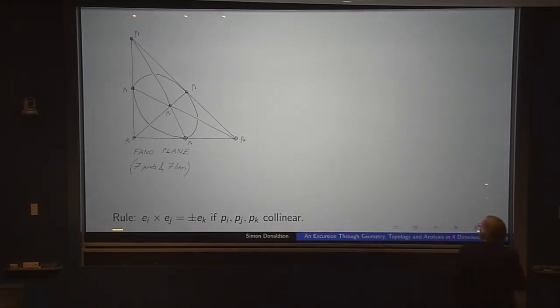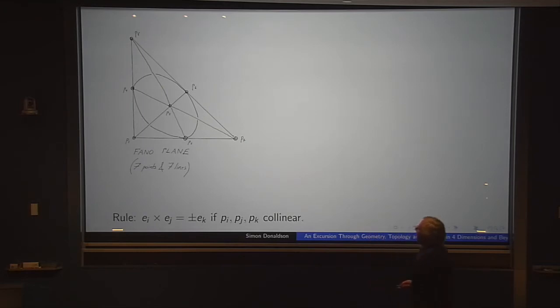This is a purely combinatorial thing. In fact, it's actually a projective plane over a finite field, for those who know what I mean by that, but it's just given by a set of 7 objects and 7 subsets of those objects, which we call 7 points and 7 lines. And they have the properties as in a plane, that each pair of points lies on a unique line, and so forth.